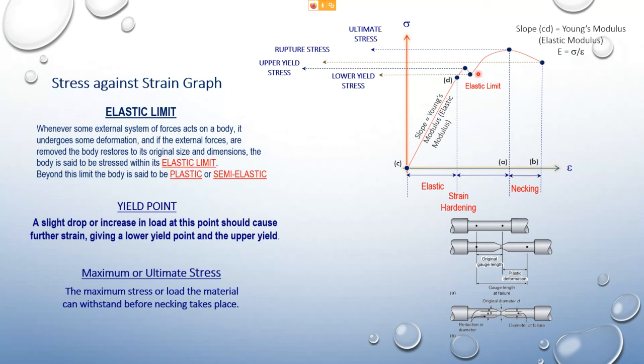That is especially why mild steel is taken as an example for most studies of stress strain graph. Because mild steel, which is a ductile material, can show you a very clear form like this on the curve. Follow? So this graph here actually refers to mild steel.